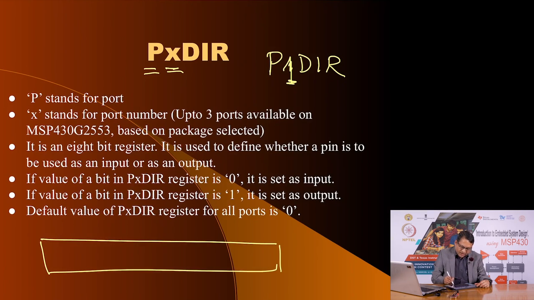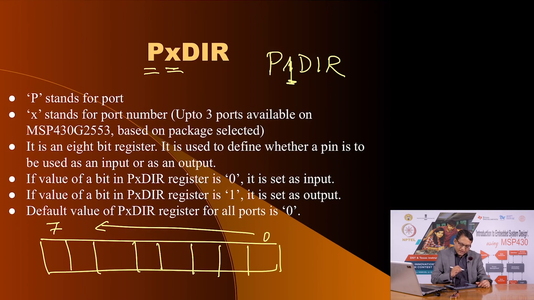So, let me show those 8 bits to you. This is how I make 8 bits. This is bit 0 and going up to here, bit 7. Now, this is my P1DIR register. If in this I write 0 at bit 0, that means the pin connected to bit 0 of port 1 will be configured as an input, that is the meaning.